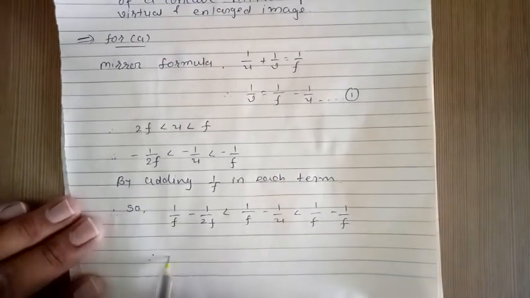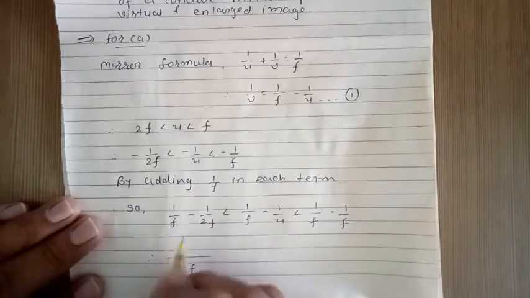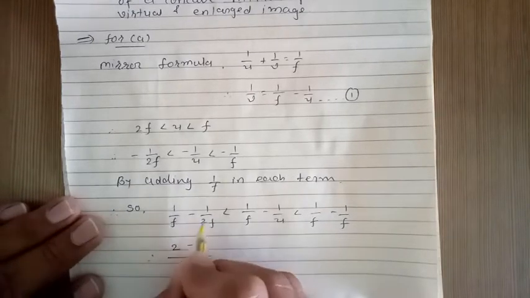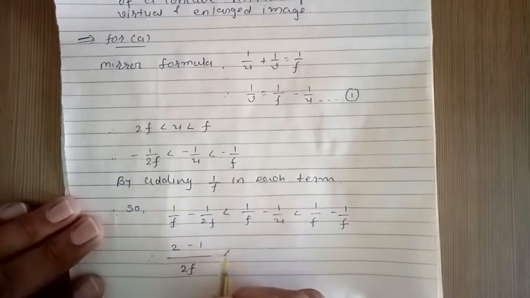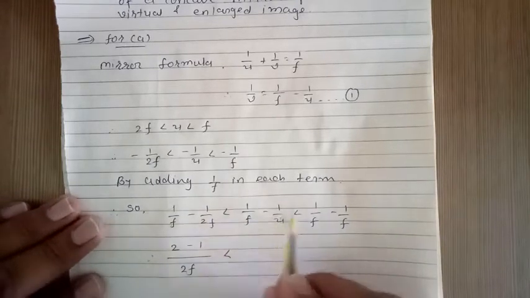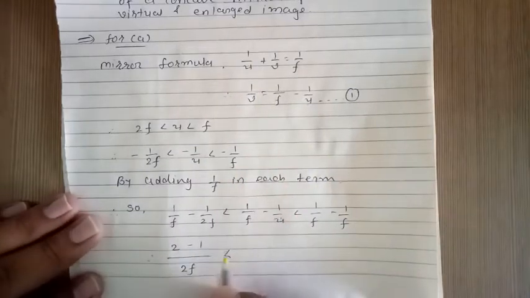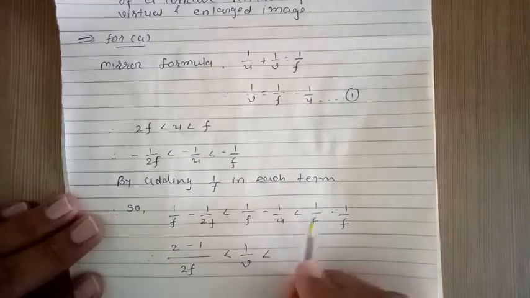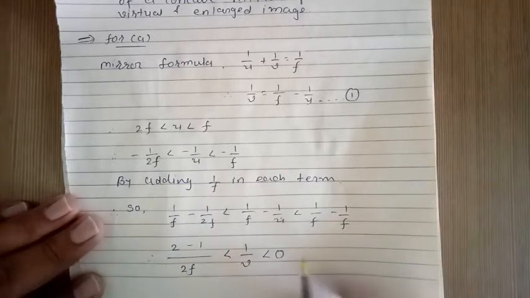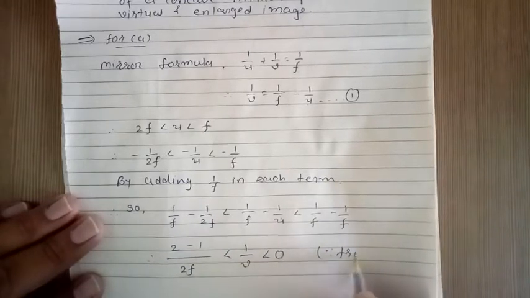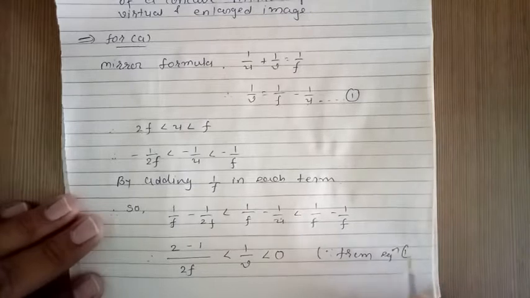Here we have to take the LCM of f and 2f, which is 2f. So here for f, multiply by 2, minus 1 by 2f, then 1. We know that 1 by f minus 1 by u is 1 by v. So 1 by v is less than 1 by f minus 1 by f, which is 0, from equation 1.